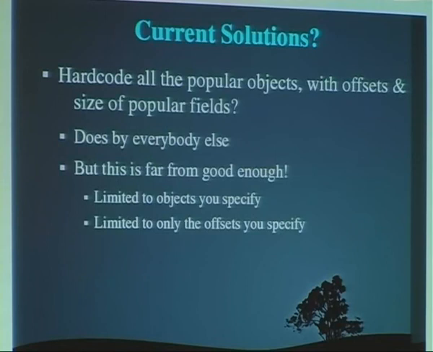But you can see that's not good enough. Why? Because with this hardcoded solution, the information you can get from those objects is limited to the objects you specify in your source code, and also limited to the members you specify in your source code. If you want to access other things that are not available in the source code, you cannot do anything, right?